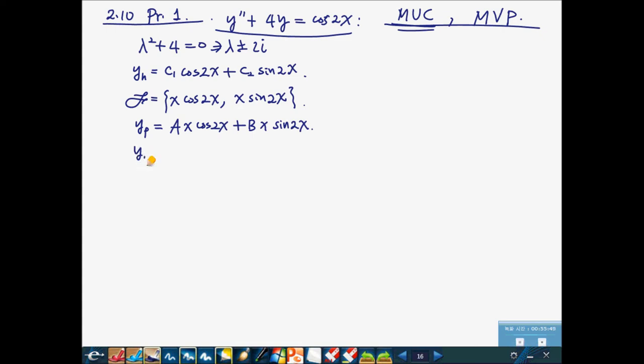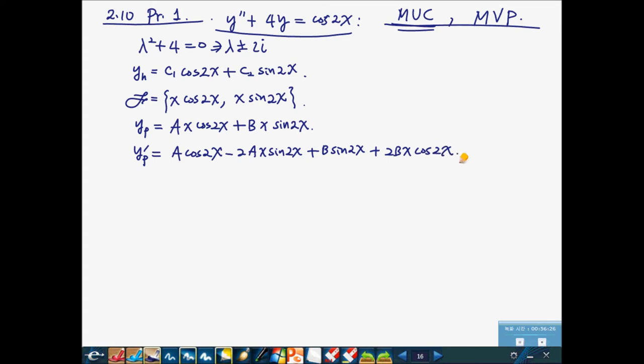And yp prime, I'm sorry, yp prime equals a cosine 2x minus 2ax sine 2x plus b sine 2x plus 2bx cosine 2x.